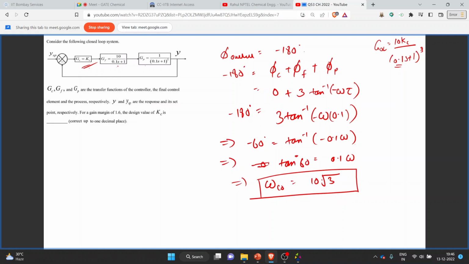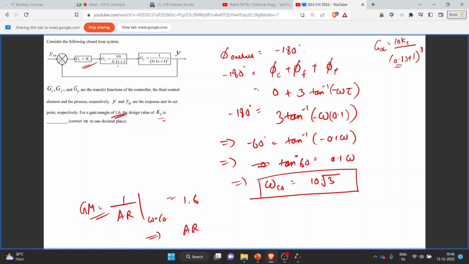Now we need to find the amplitude ratio at this crossover frequency, and by using the gain margin we can find this value of Kc. We define the gain margin as 1 upon the amplitude ratio at omega equal to omega c0, and this gain margin we have been already given as 1.6.